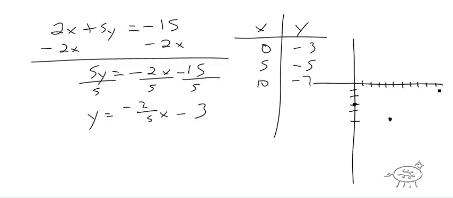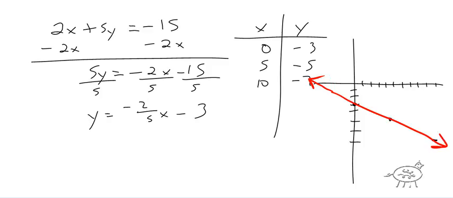And 10, negative 7. Okay, that's the graph for that. So that is plotting points and solving.